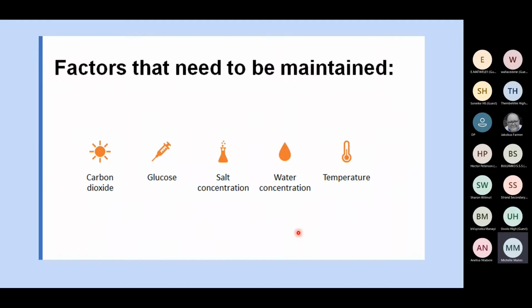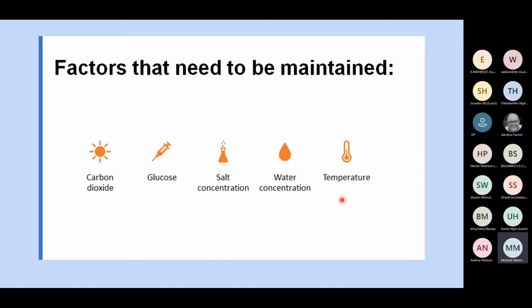You also need to be able to understand and explain factors that need to be maintained, such as the concentration of carbon dioxide in your body, how much glucose you have, the salt concentration in your bloodstream, water concentration, and how your body regulates temperature.